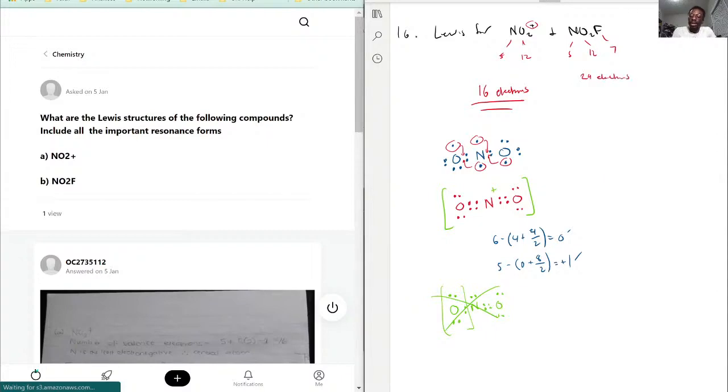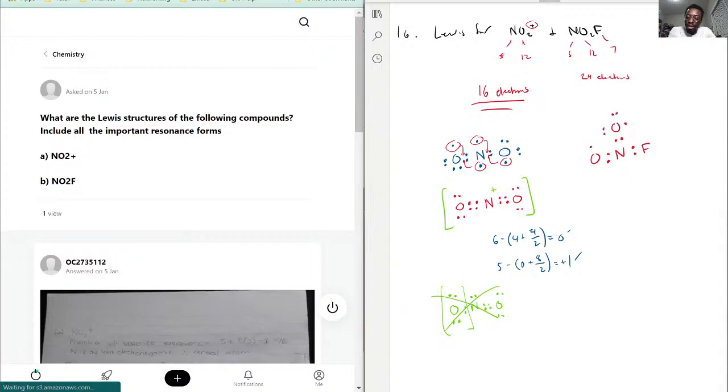Okay? So now with that being said, we're going to put the nitrogen in the middle again, because it has the most unpaired electrons. And we're now going to surround it with the 3 things. So we have O, O, and F. Now oxygen is sharing one of its 6, so that's going to be 2, 3, 4, 5, 6.